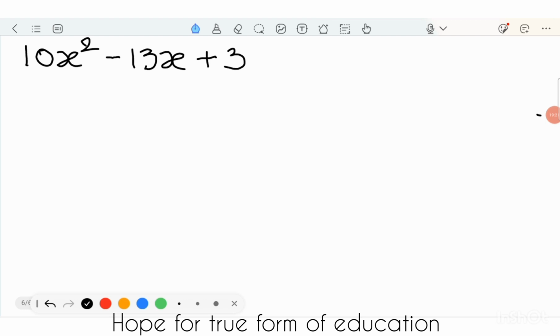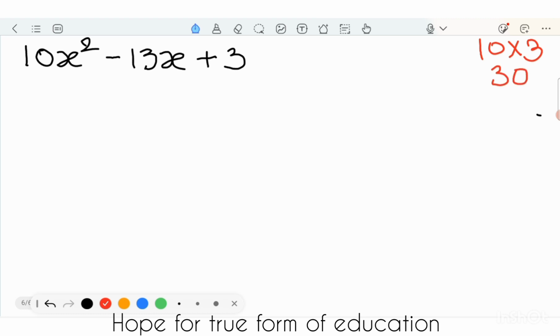So the next question is 10x square minus 13x plus 3. Okay, now first a into c, that is 10 into 3, it is 30, right?